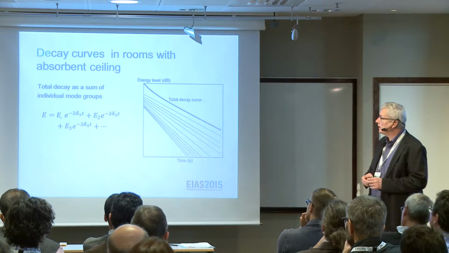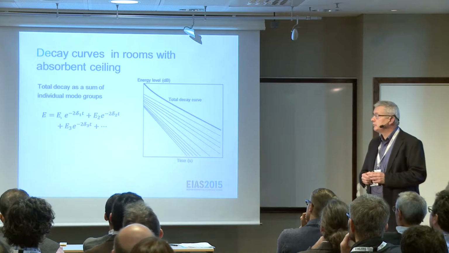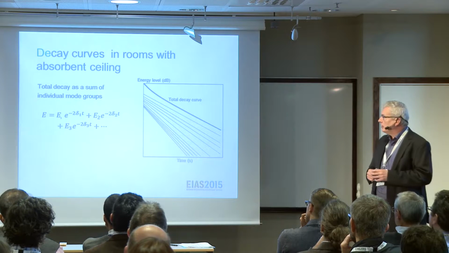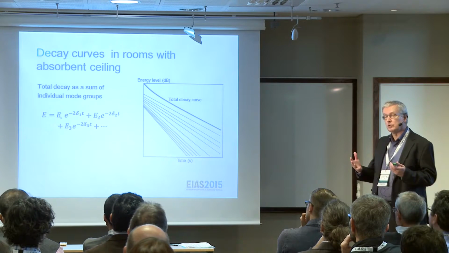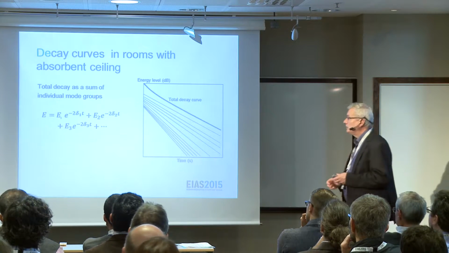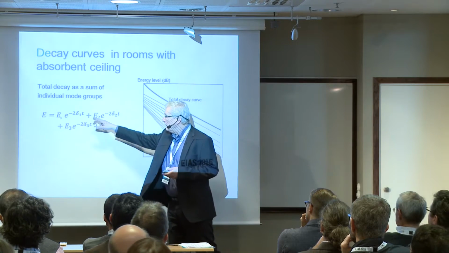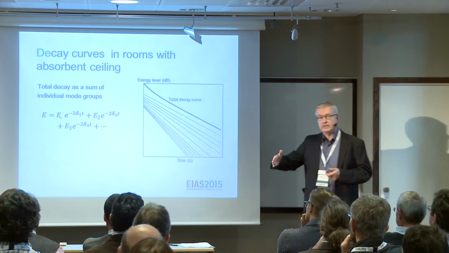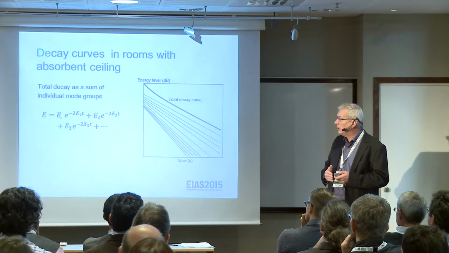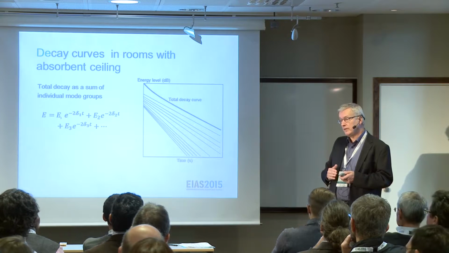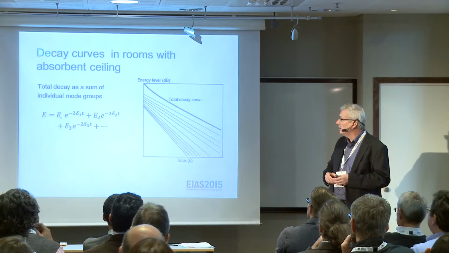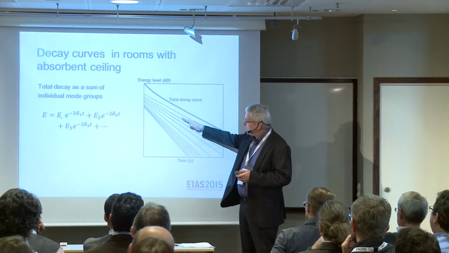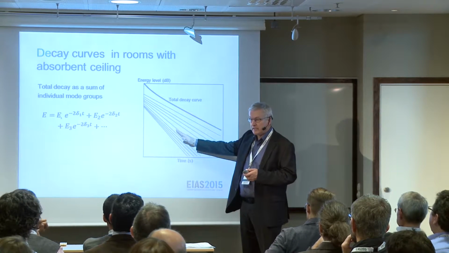But if we look at a room with absorbent ceiling, we can assume that the field is composed of a large number of modes, waves, with energy but also with different decay factors, because as you know, the waves that hit the wall are normally less damped than the waves that hit the absorbent ceiling. So the total decay curve can be composed of all these individual decays.